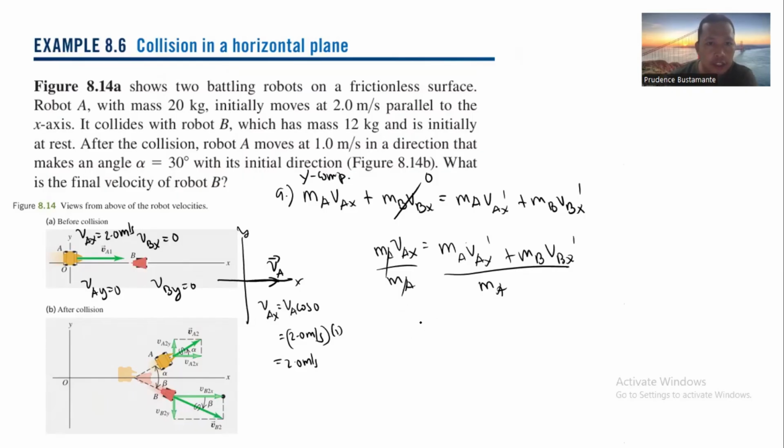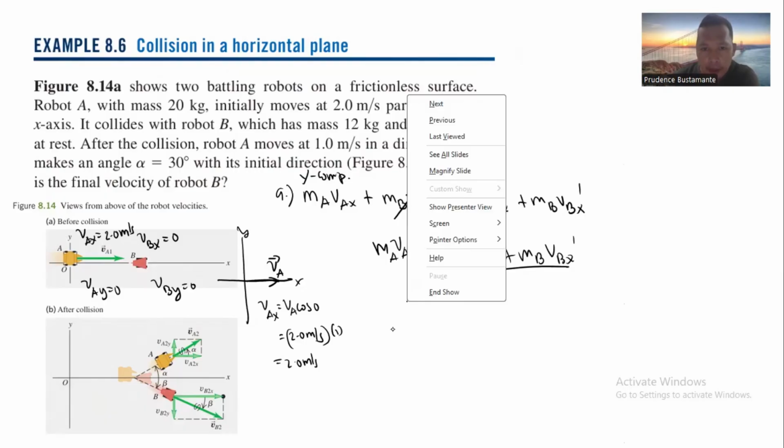So what is our target variable? What is the final velocity of robot B? So this is actually our target variable here, not A. So we transpose this to the other side.